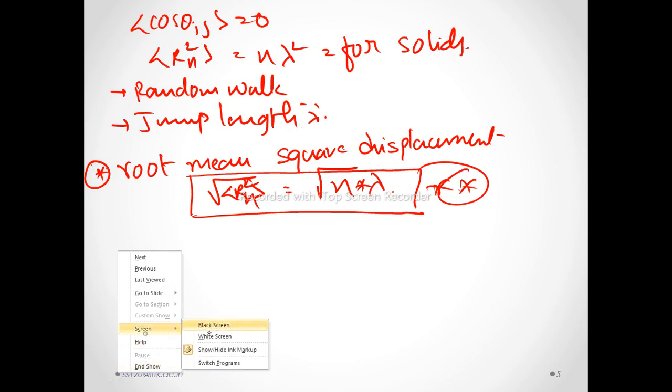I will take an example and explain, then we can understand. During carburizing, the time taken is 3 hours, that is 10 to the power of 4 seconds.